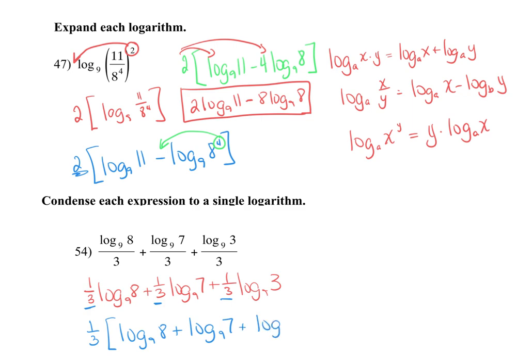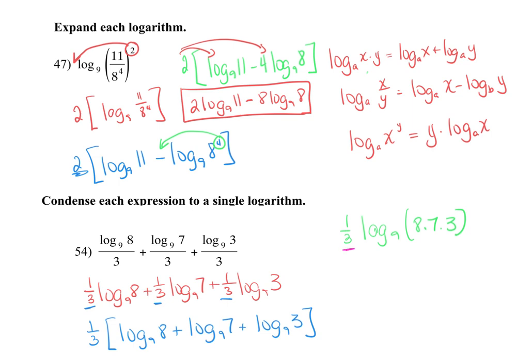So you can actually think of it this way. That 1/3 applies to all of them, so we can look at that at the very end. How do I condense addition? Well, it's multiplication. So I'm going to say, well, that 1/3 is being applied to log base 9 of 8 times 7 times 3. All right? And you don't have to multiply the 8 times the 7 times the 3, because that could just as easily be an x, y, and z for all I care. Your answer key, I think, did multiply those, but you don't necessarily have to.